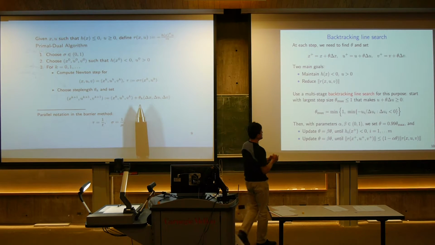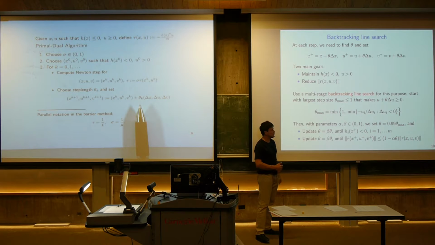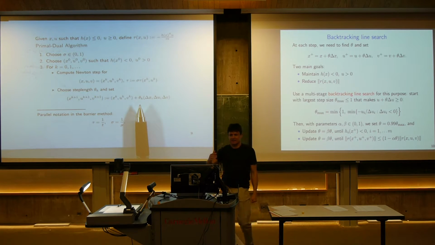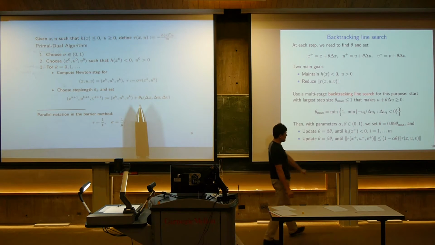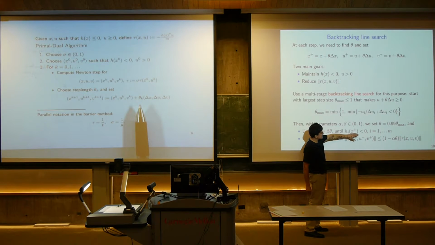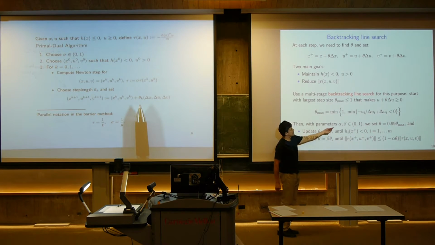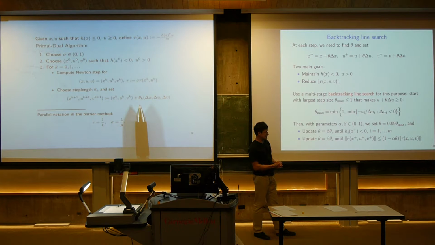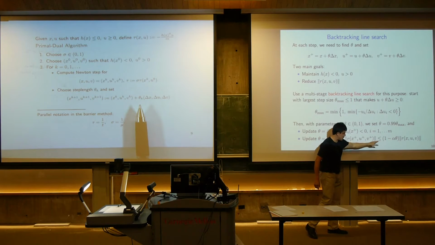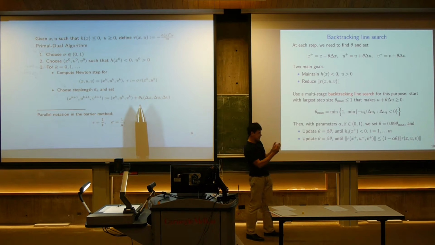And then, to ensure the other two, we do some kind of standard backtracking. We start with a little bit less than theta max. And then, as long as we haven't ensured that h is negative, we shrink it by some factor, say, beta. We stop when finally we make all the hi's negative. And then we ensure that there is a sufficient decrease in our residual relative to the step that we are taking.